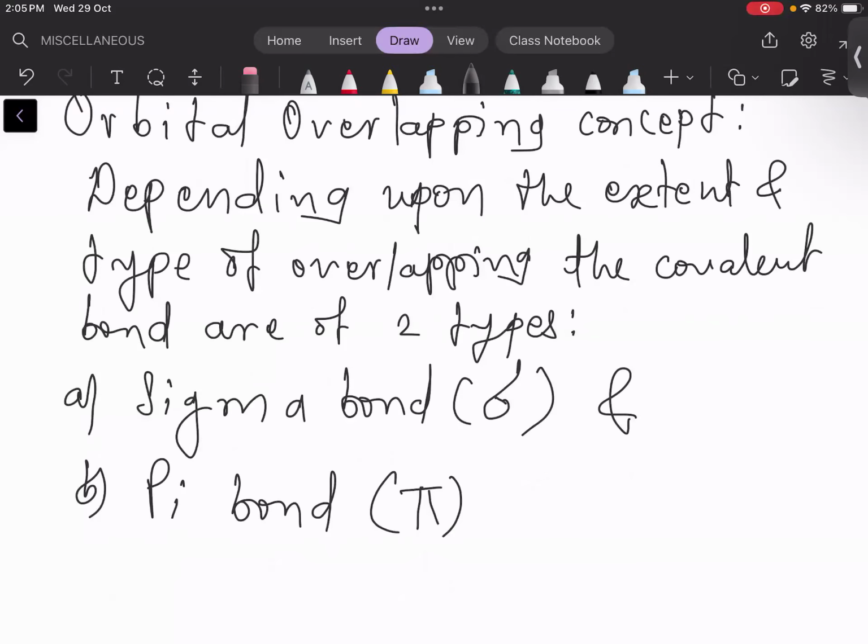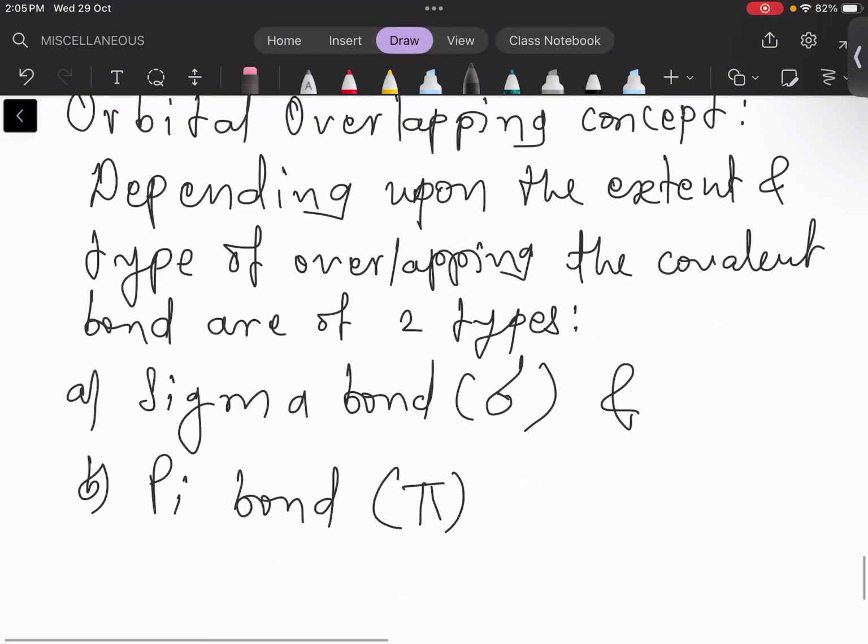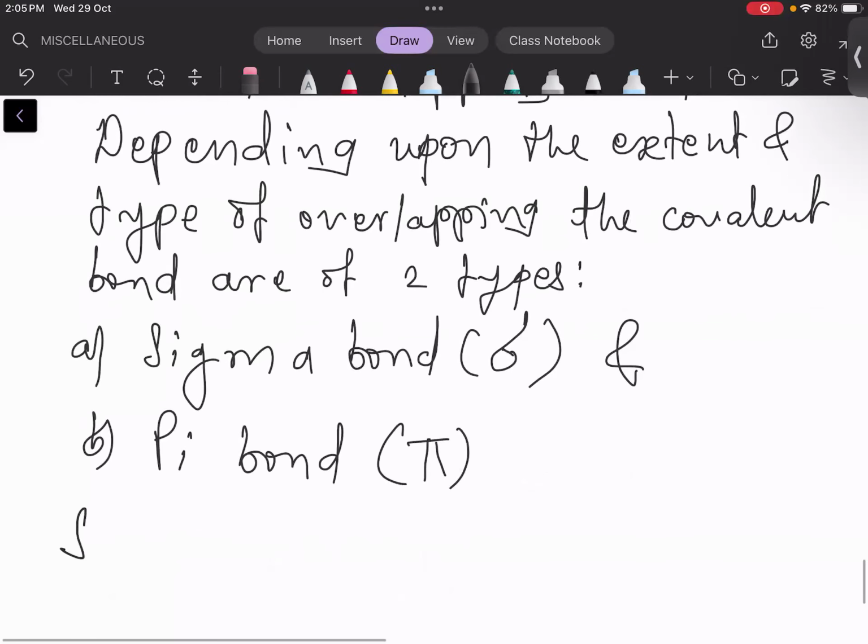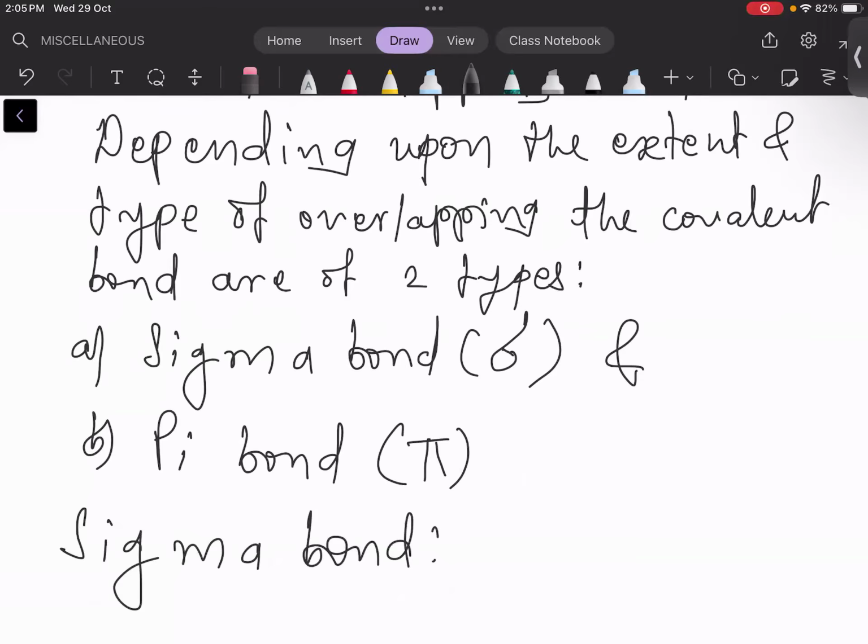Now, what is sigma bond? The bond formed by axial overlapping or end-to-end overlapping of half-filled atomic orbitals along the internuclear axis. That is called what? Sigma bond.